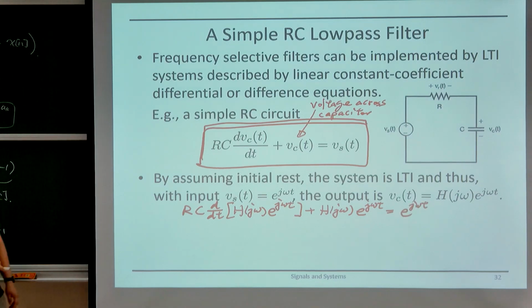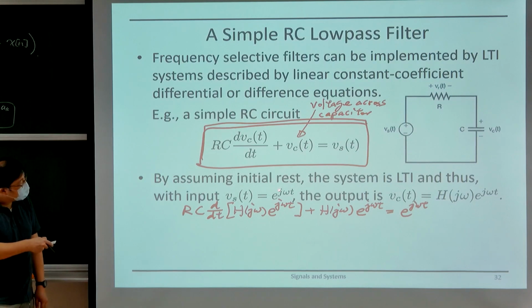So I'm plugging in Vs equal to e to the j omega t here, and then I'm plugging in Vc, which is h times e to the j omega t, inside here and here.